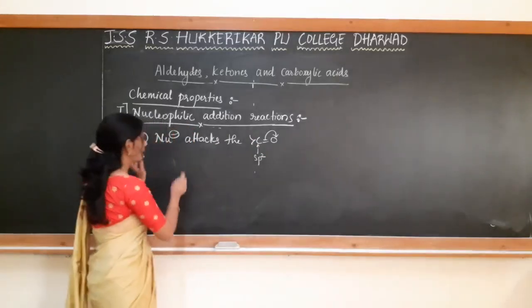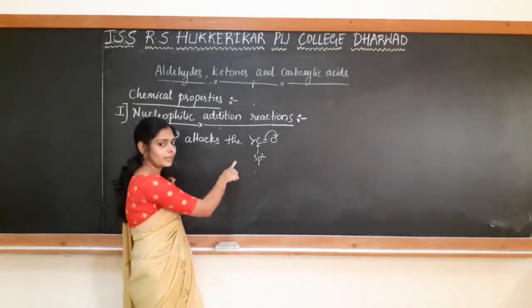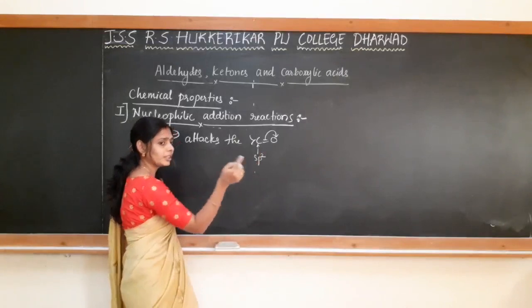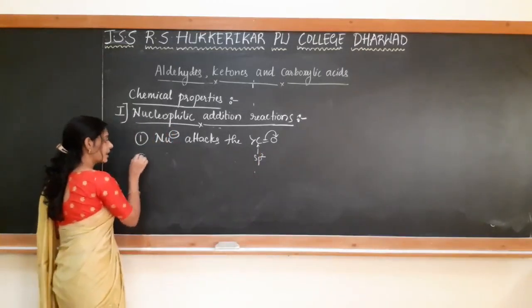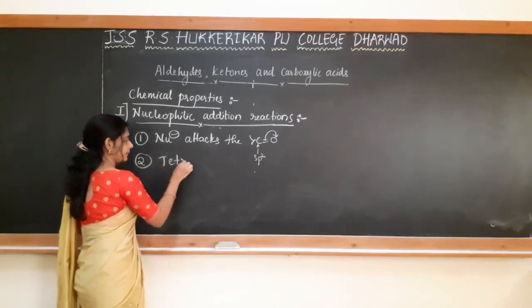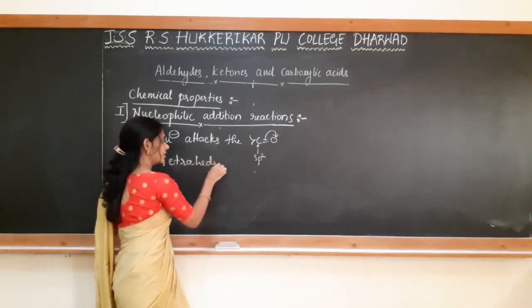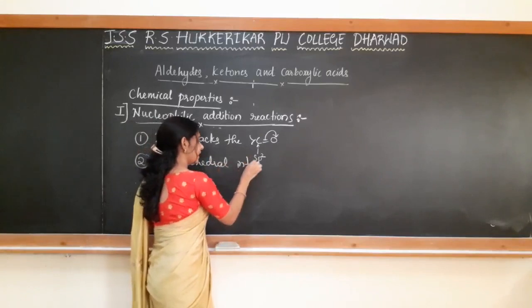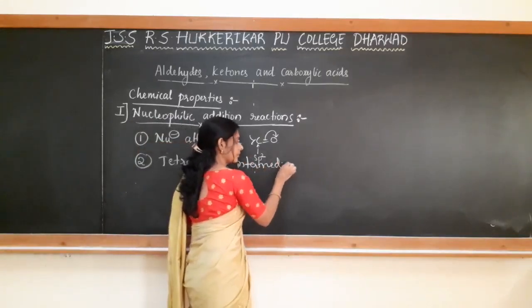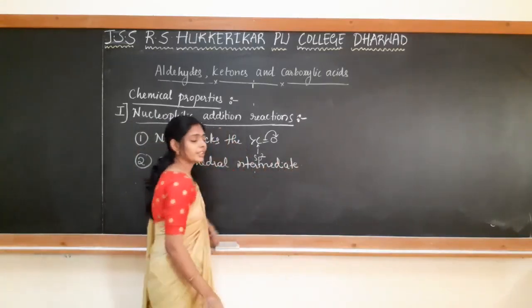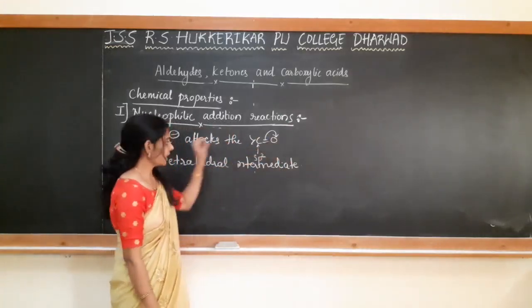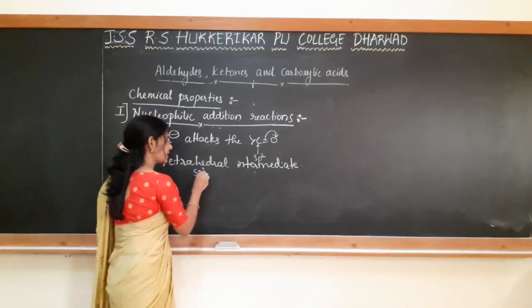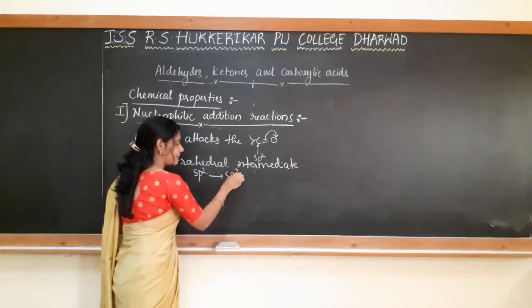So when the nucleophile attacks the carbonyl carbon from the perpendicular position, there is a formation of a tetrahedral intermediate because of the complete transfer of pi electrons towards oxygen. So sp2 hybridized state is converted to sp3 hybridized state.